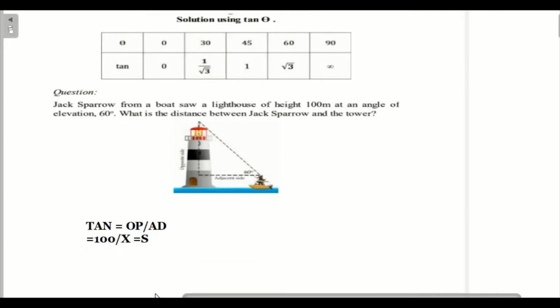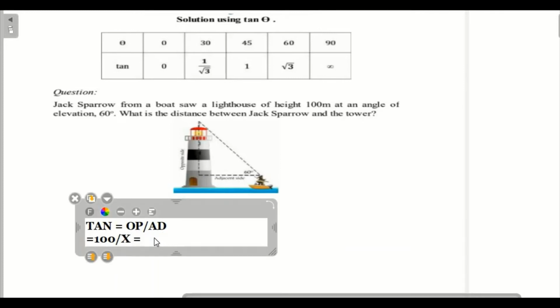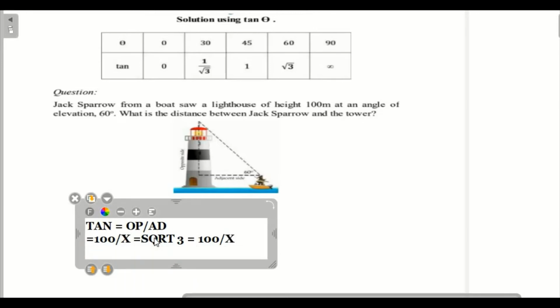square root of 3. Okay, equal to 100 divided by x. So we should know the value of square root of 3, that is 1.753 is equal to 100 divided by x.